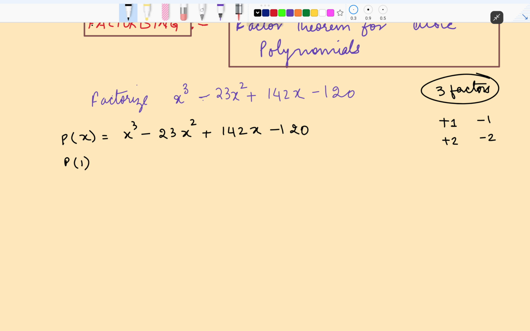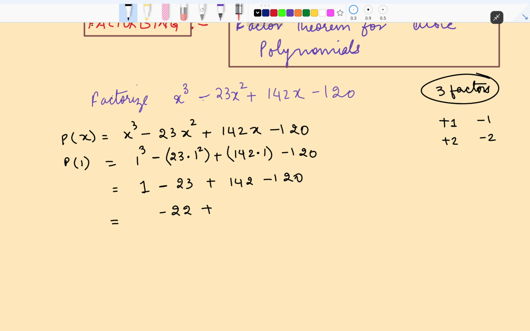So let's take P of 1. P of 1 is 1 cube minus 23 times 1 square plus 142 times 1 minus 120. 1 cube is 1, minus 23 times 1 square is 23, plus 142 minus 120. 1 minus 23 is minus 22, plus 142 minus 120.